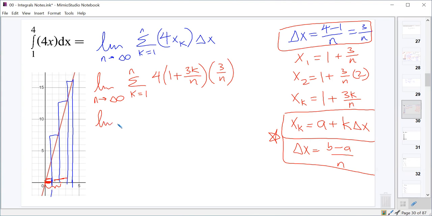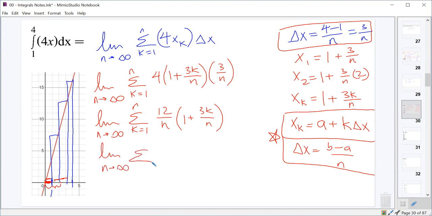So we'll do a limit as n approaches infinity of a sum from k equals 1 to n. Now I'm looking at a 4 and a 3 over n multiplied by this 1 plus 3k over n. So really, we're looking at 12 over n times 1 plus 3k over n, which will then give us a limit as n approaches infinity of a sum from k equals 1 to n.